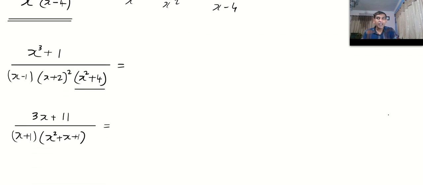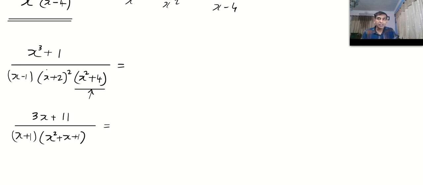But in this question, if you use a calculator, the roots will be complex numbers, or rather we will not be able to factorize this in the real number system. In the next semester you will learn complex analysis, and in that case you will be able to factorize. Anyway, this cannot be factorized into real factors.